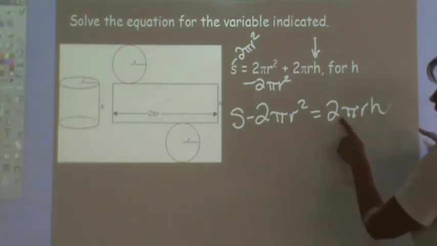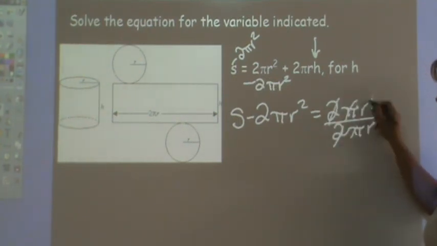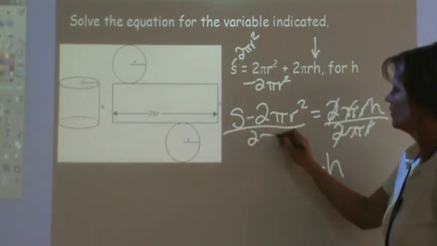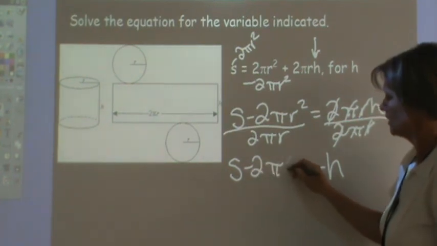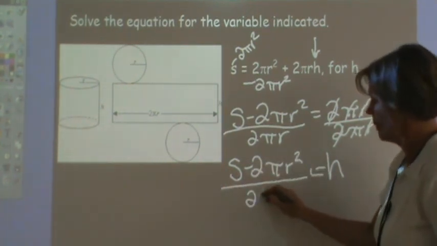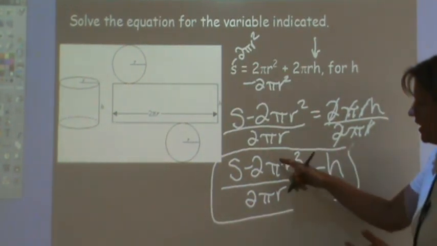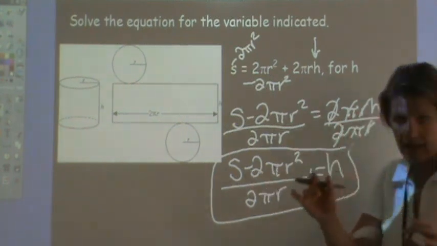This is all multiplied together, so to undo it, I just divide by whatever I want to get rid of. Okay, done. I'm left with h. Whatever I do to one side, I do to the other. So this can be your answer. Now I look at that and I see I could divide and stuff, but don't worry about it. For now, just get this far and I'm happy.